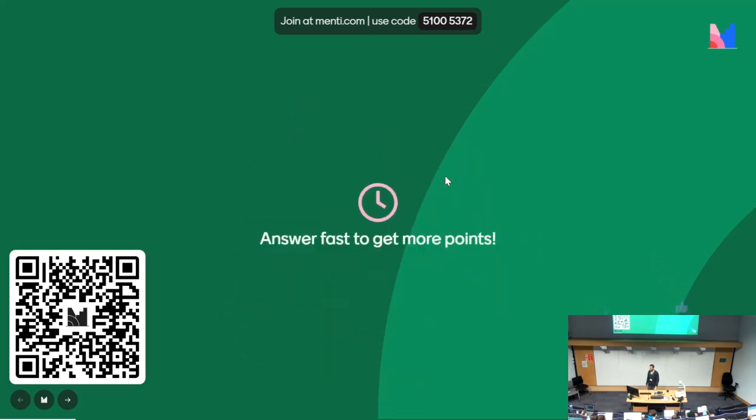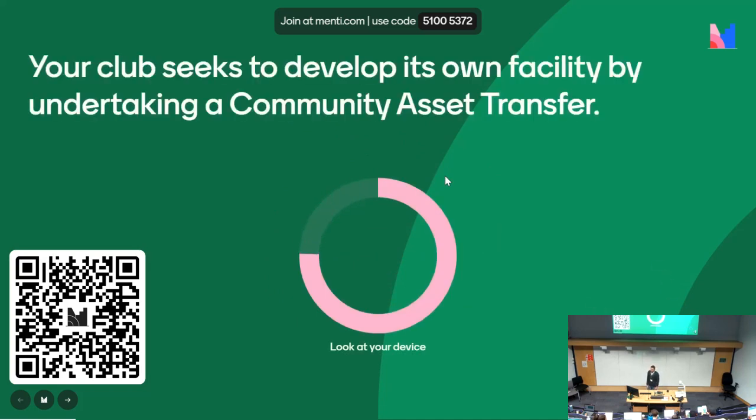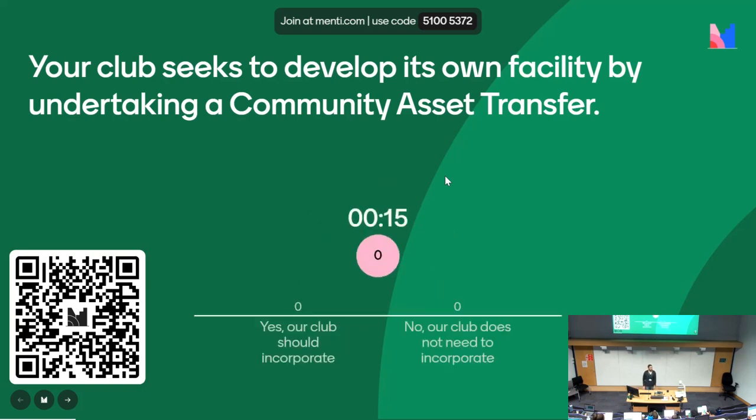Okay, question 1. Your club is seeking to develop its own facility. Would you incorporate or would you stay unincorporated?